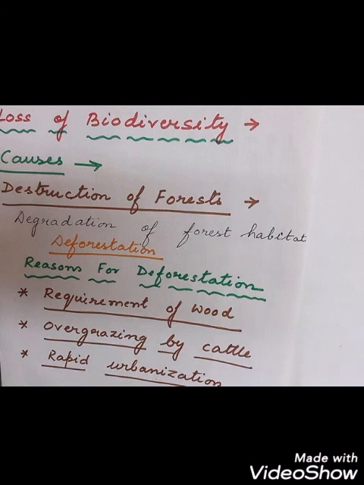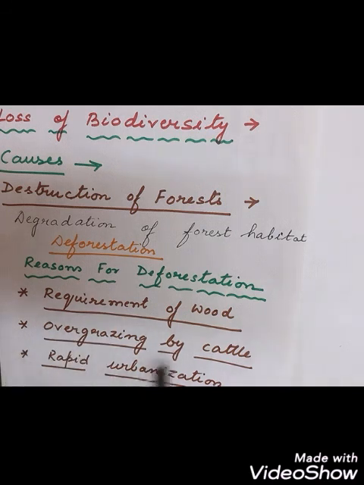For that, the forest is destroyed, the trees are cut, and there is deforestation. Then overgrazing of cattle is also a factor that contributes to deforestation. Overgrazing means when the cattle invade the forest and eat away the trees and plants.